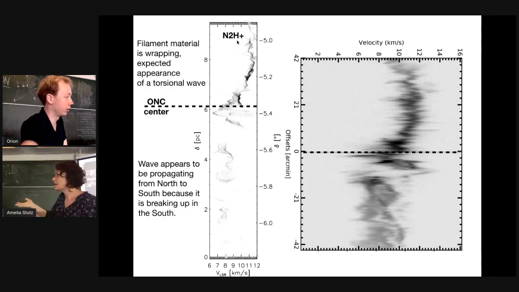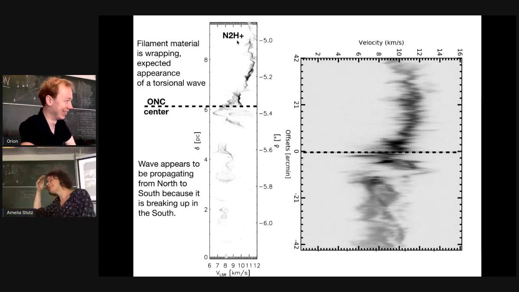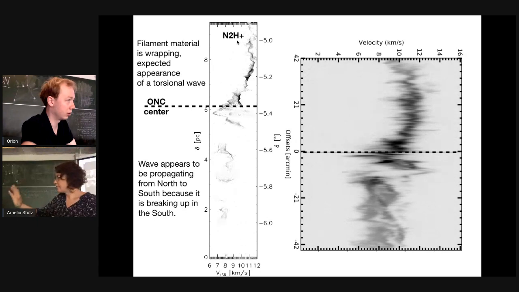The reason that we think that there's a possibility of a torsional type of wrapping structure is that we think that there could be rotation in the cloud, and also that the magnetic fields could be helical. So the data that we have are consistent with that to first order.